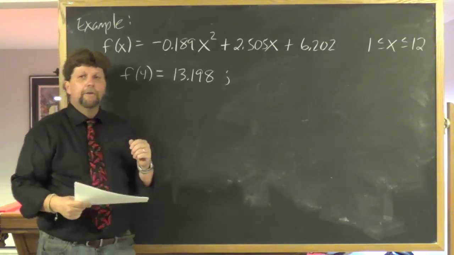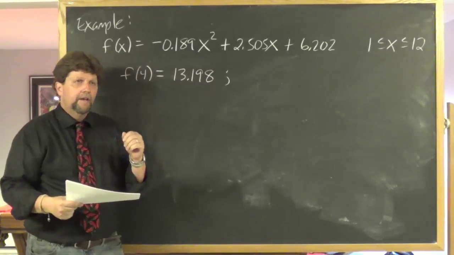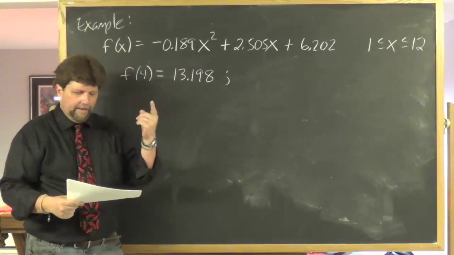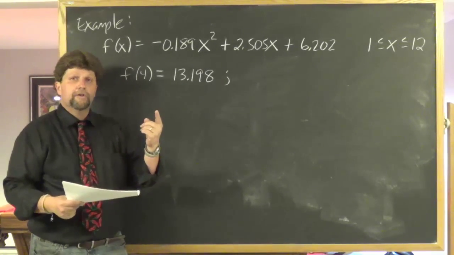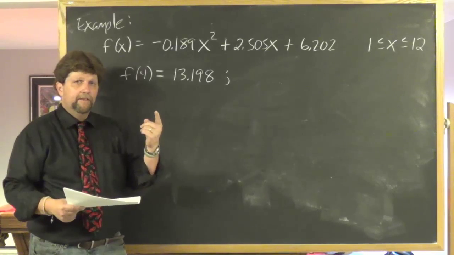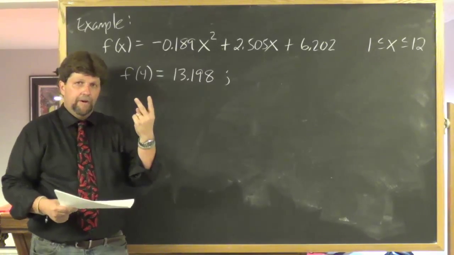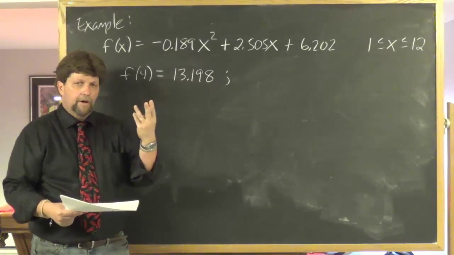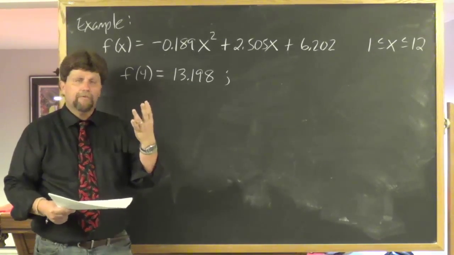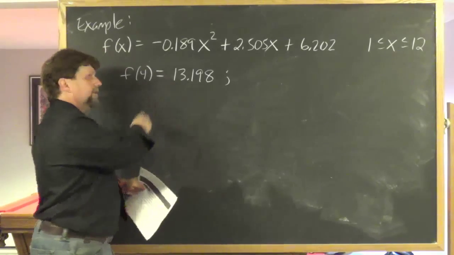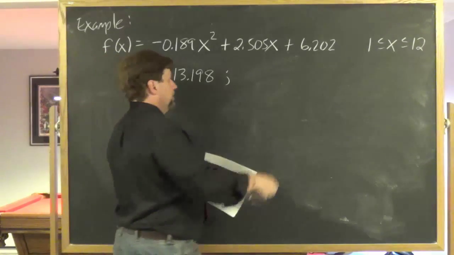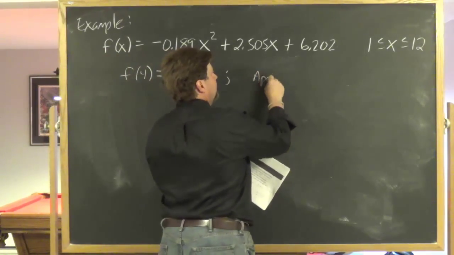So x has a value of 4, so let's count. For an x value of 1, that would be January 1st, 2011. 2 would be February 1st. 3, March 1st. 4 is April 1st. So this 4 is talking about April 1st, 2011.